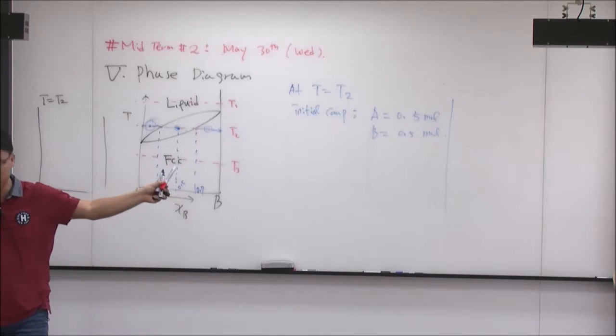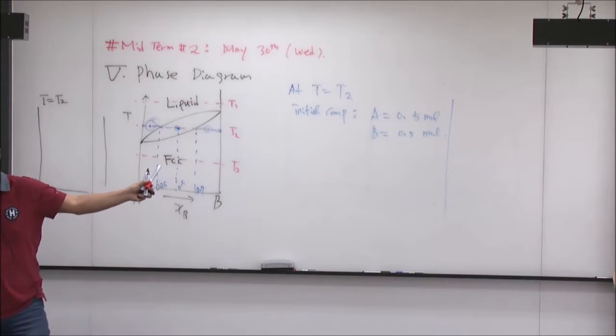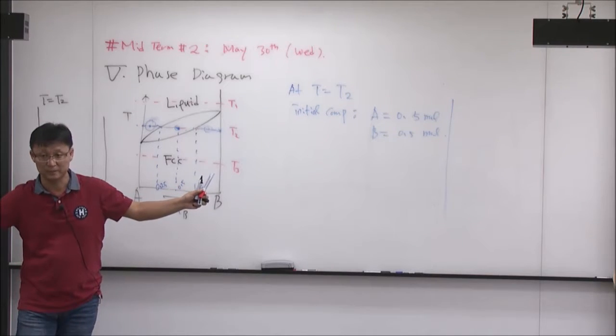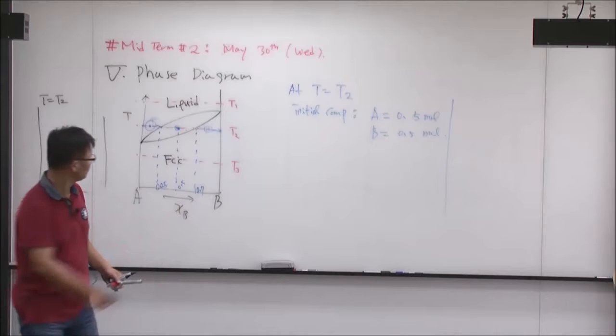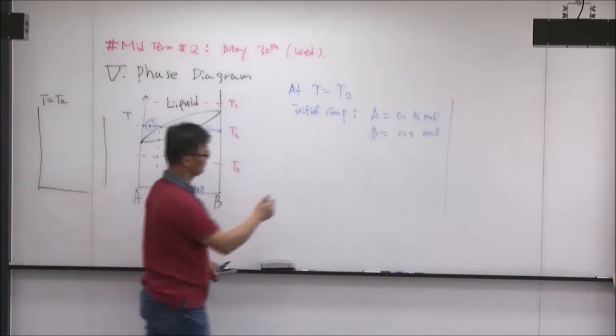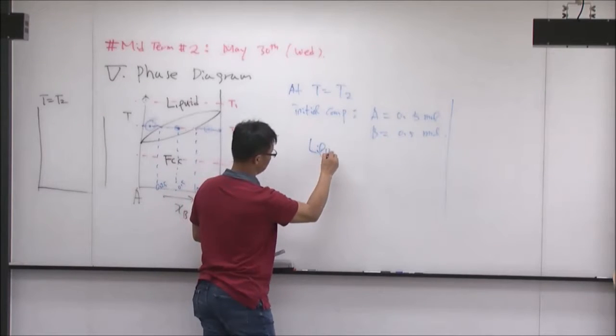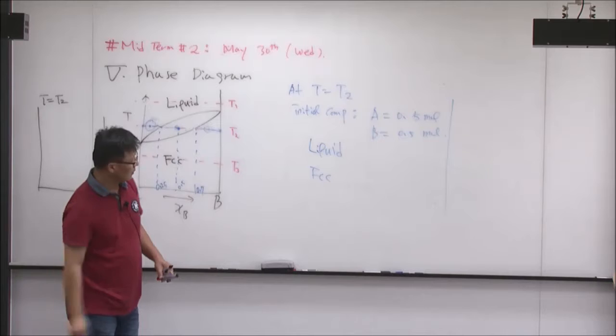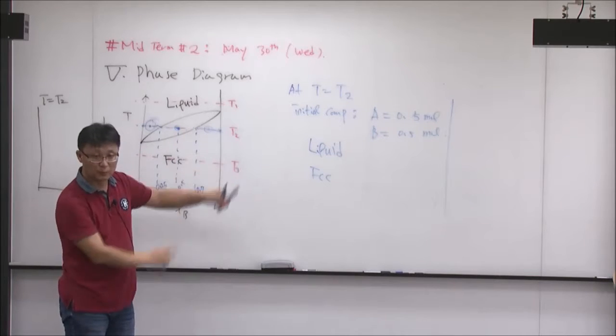If these are different, then you have two phases. That's how you actually read your phase diagram. Liquid, FCC: you have two phases.